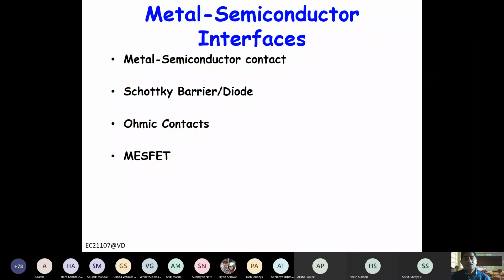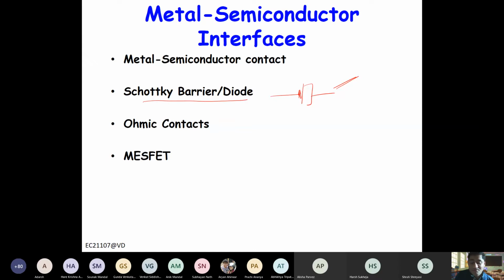OK, so metal semiconductor contact, Schottky barrier or diode. If you have just metal here and a semiconductor here, this contact behaves like a diode, and this is easier to fabricate. So we can achieve the properties of a PN junction by simply forming a metal semiconductor contact, which is simple to fabricate.